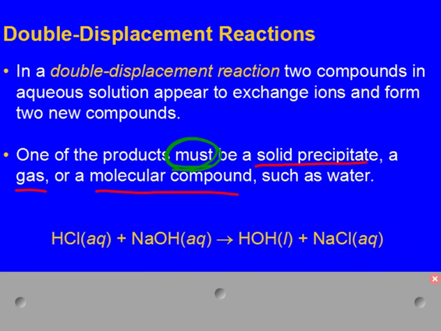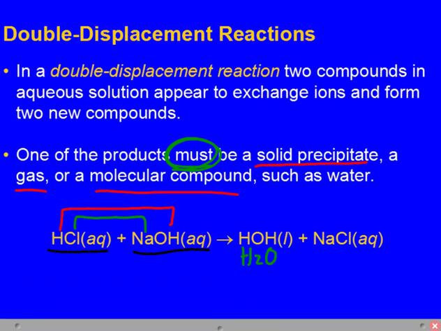We've got hydrochloric acid reacting with sodium hydroxide. Kind of like in foil, the outside and the inside will trade. So we end up with NaCl and water, which for some reason was rewritten as HOH, but it is in fact water.